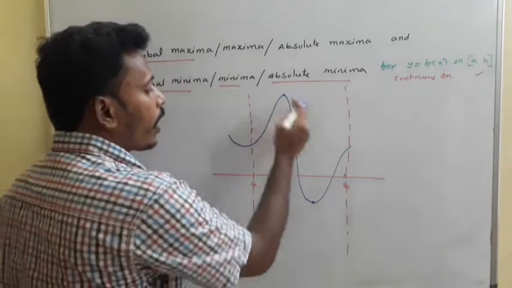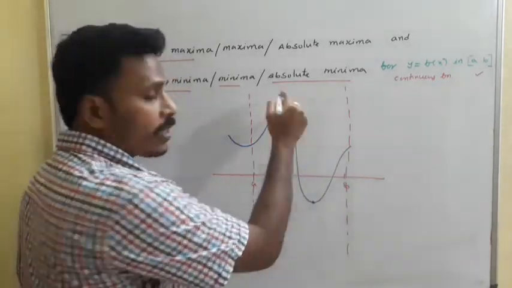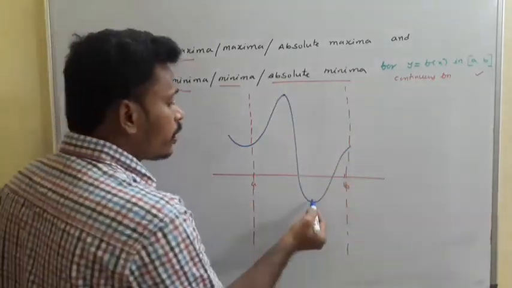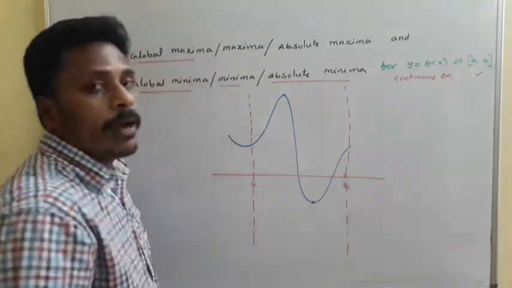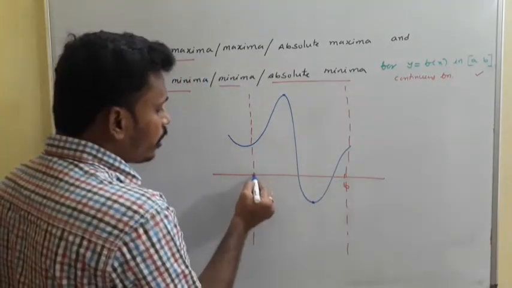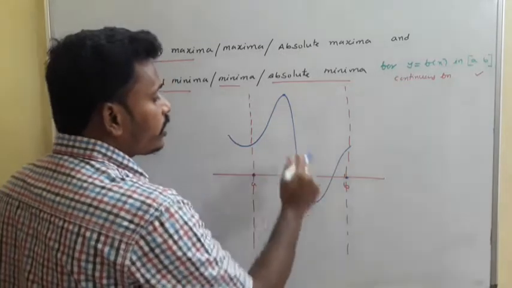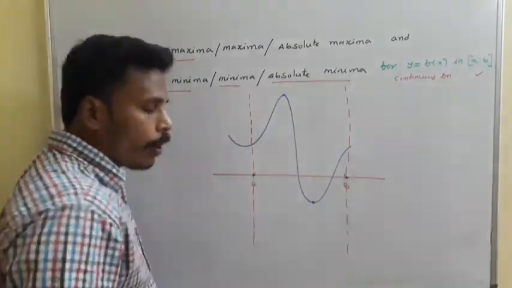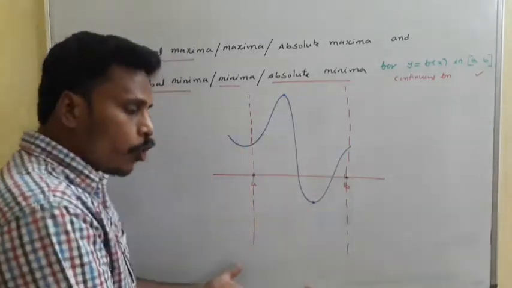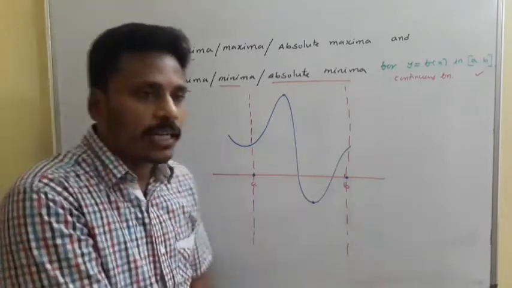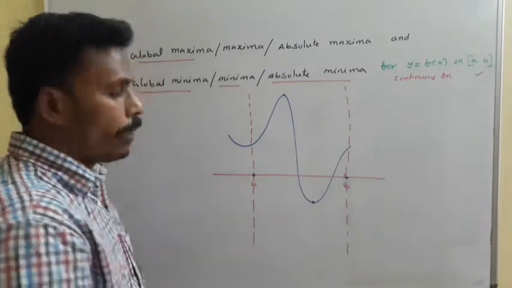Then for sure, when you analyze the graph, this point corresponds to global maxima and this point corresponds to global minima, because in between a and b there is one local maxima and one local minima. So those values directly correspond to global maxima and global minima.